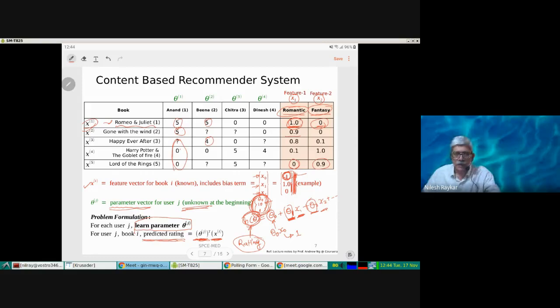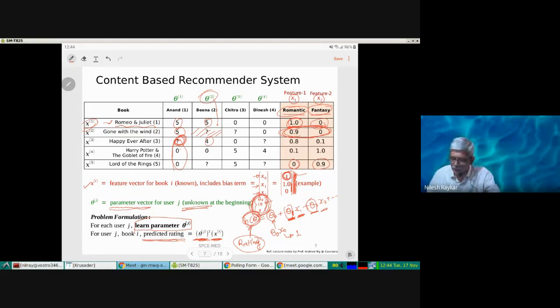Those question marks are things which are unknown. If you know the user preference of the second user, that is Bina's user vector, and since we know the second book's feature vector, we can calculate the likely rating by Bina for the second book. That is how the calculations would be done.